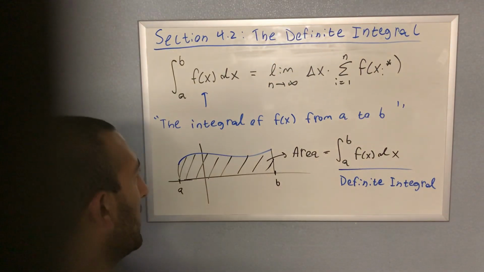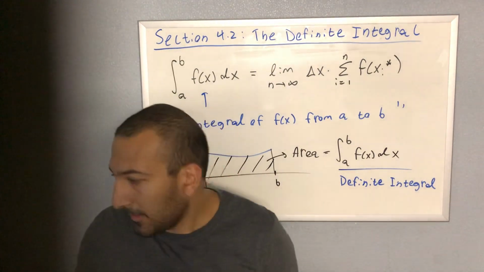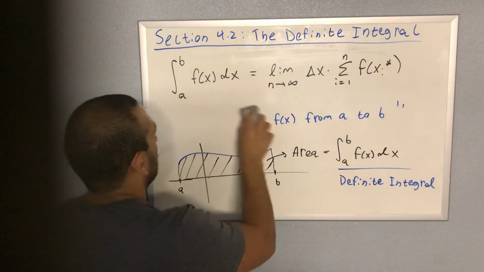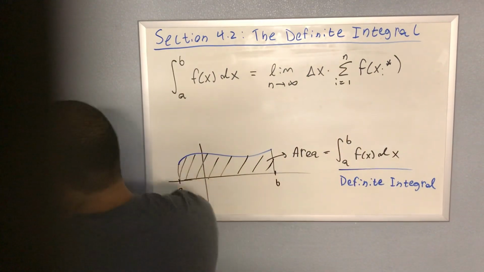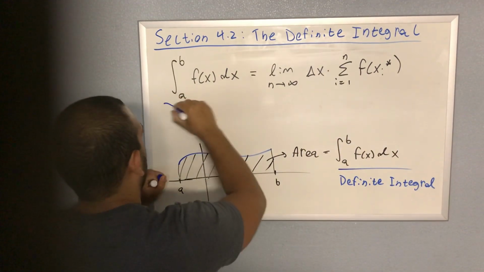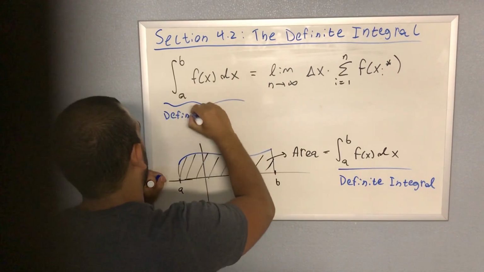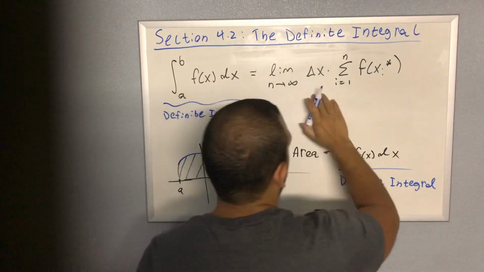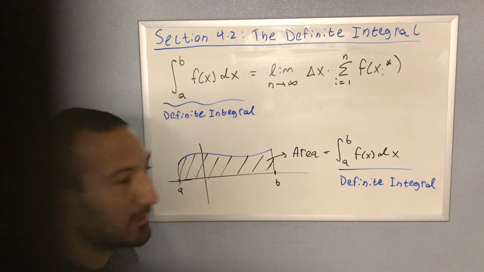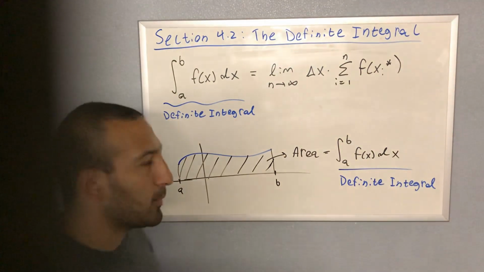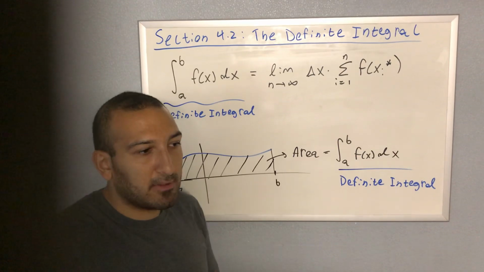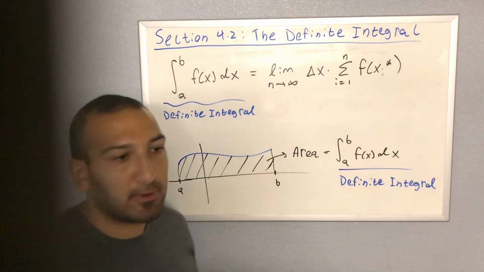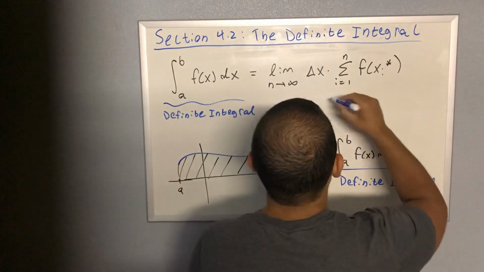And a little bit of other notation that we say. Maybe we can erase some of this to clear this up. So this thing here is the definite integral. The sums here, basically the sums of the rectangles that we were talking about, when you add up the area of these rectangles that you get when you use different sample points and different numbers of rectangles, these are called Riemann sums.